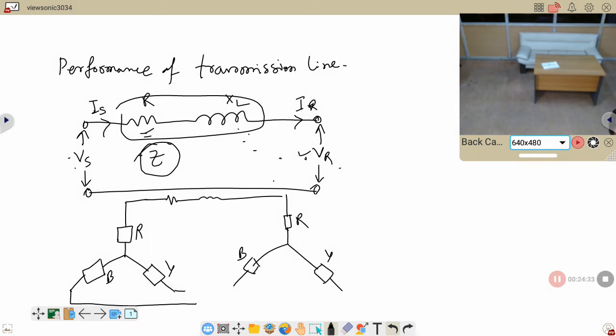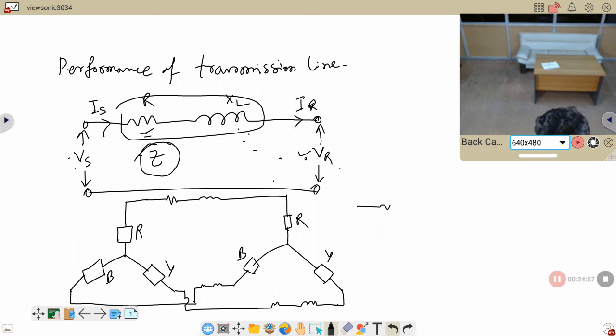So this is the line resistance and inductance. Basically all transmission lines are 3-phase transmission lines, but for easy calculation, we only consider a single phase.